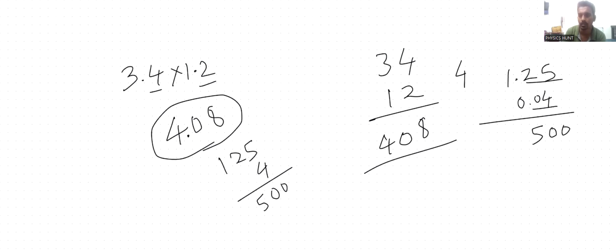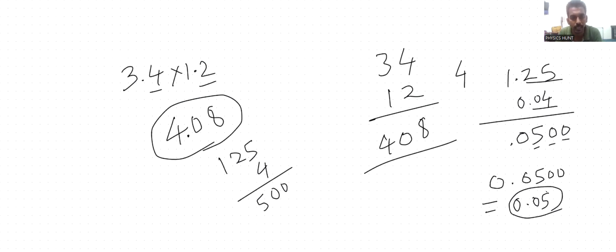So 0 point. So the answer is 0.0500 or 0.05 you can write. So this way you can multiply decimal numbers like normal numbers. After multiplying, you have to keep the decimal point properly.